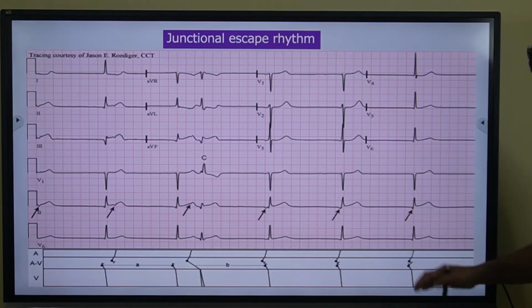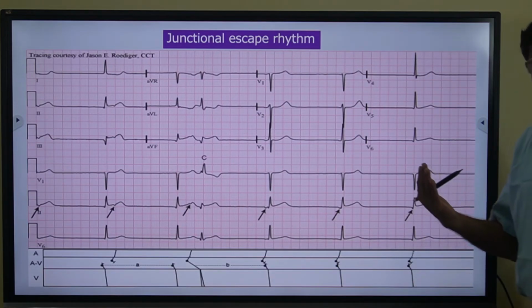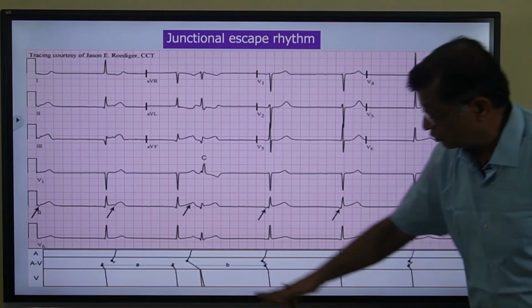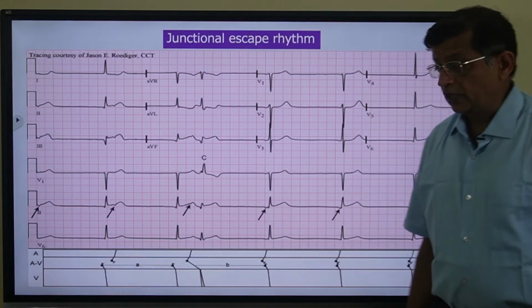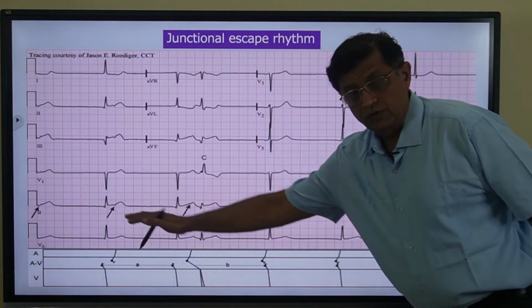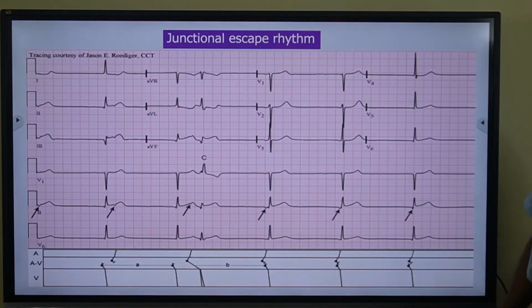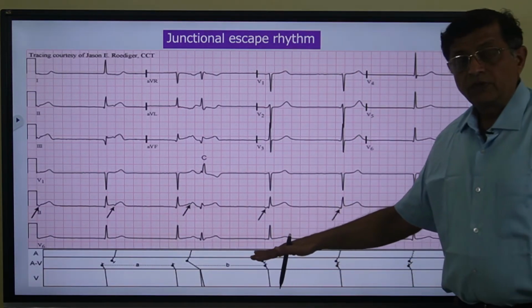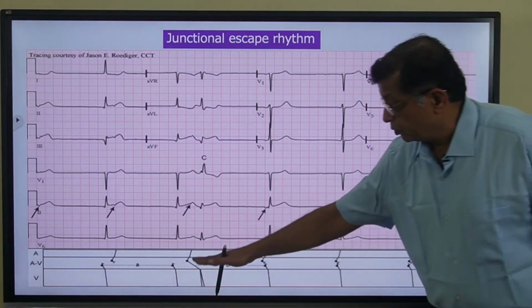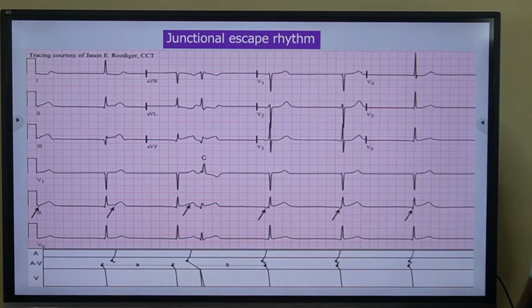So these are the retrograde P waves. The conduction is going from below upwards. That is why they are inverted P waves, called P prime waves. So the P activation is going from below upwards. So this is a junctional escape rhythm.